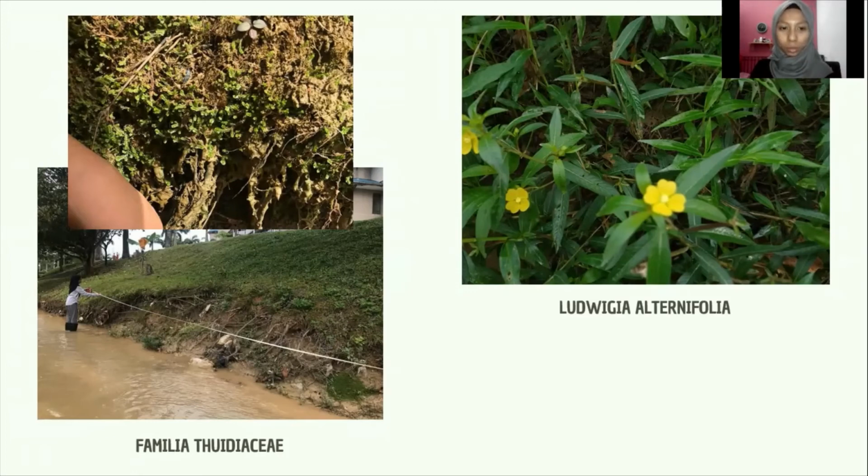That is why the soil at that site is strong. And then for the Ludwigia alternifolia, it is located near the Awesome office at the bend section, left side of the bank. It is also a fibrous root tree.